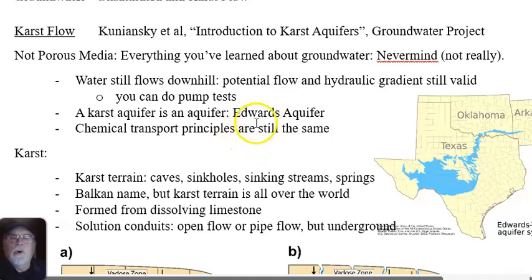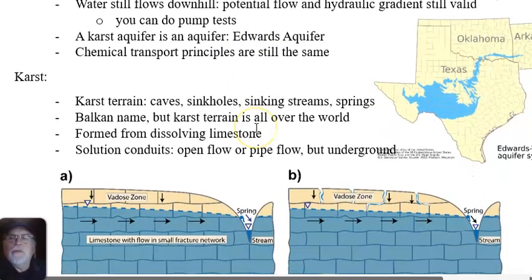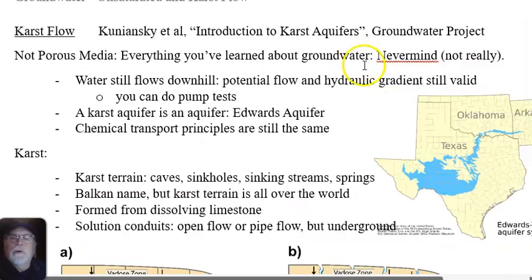So it is groundwater, and there are big karst aquifers, like one of the biggest, the Edwards Aquifer, the Edwards-Trinity Aquifer. It stretches through a big part of Texas and runs up into Oklahoma and Arkansas. So it's a giant aquifer that's all or mostly a karst aquifer. And the chemical transport is still the same. You still have the same concepts we talked about, retardation, breakthrough curves, all that stuff still works in karst aquifers.